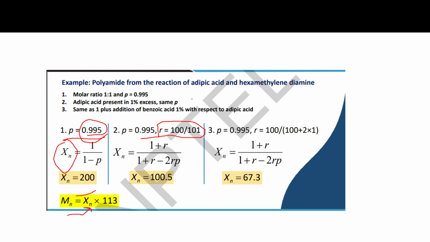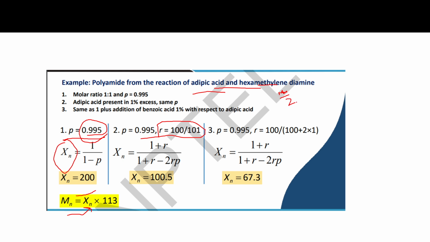what is involved in this polymerization, in this case adipic acid and hexamethylene diamine. For the molecular weight, the repeating unit molecular weight should be divided by 2, because two functional groups are present.